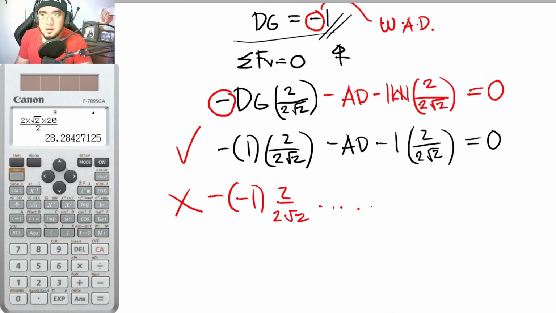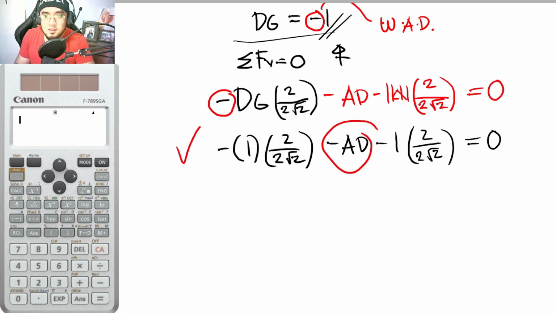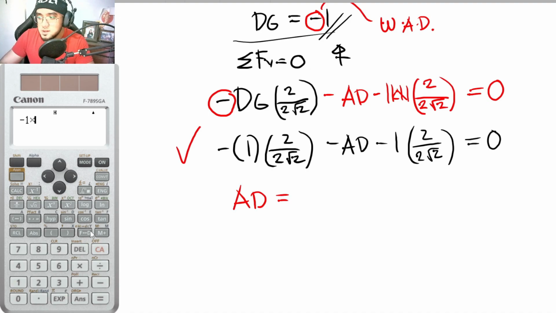Okay, so proceeding, solving for the value of AD will give us an answer of, transposing this to the other side, AD is now equal to negative 1 times 2 divided by 2 square root of 2.